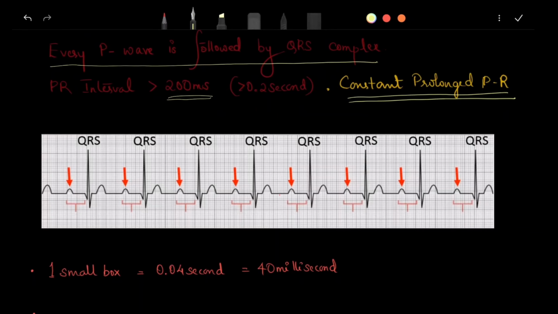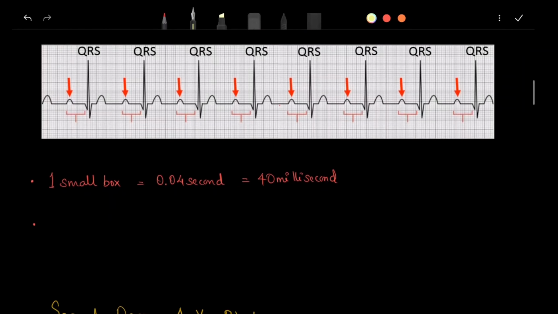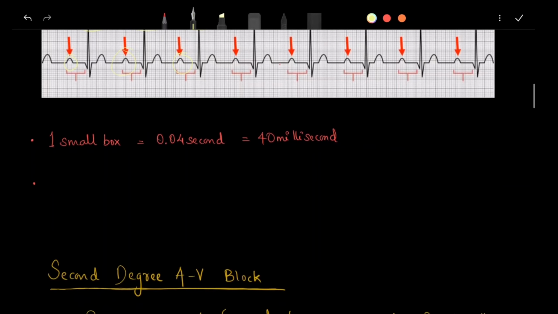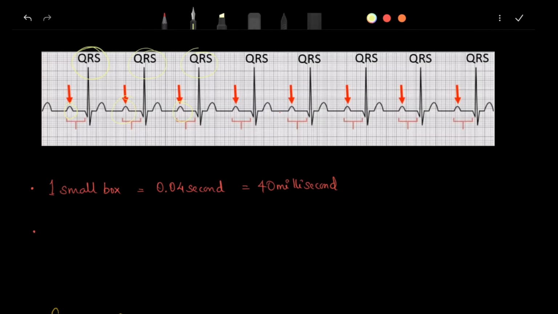That is a constantly prolonged PR interval. See here, every P wave is followed by a QRS complex: P wave, QRS complex, P wave, QRS complex. So the rhythm is always regular. Here you should understand how many boxes there are from the P wave to the QRS.